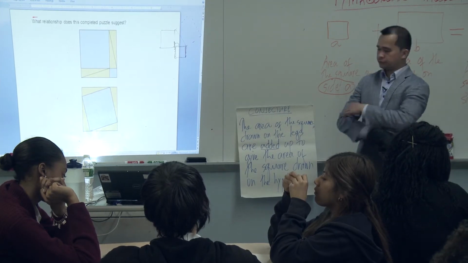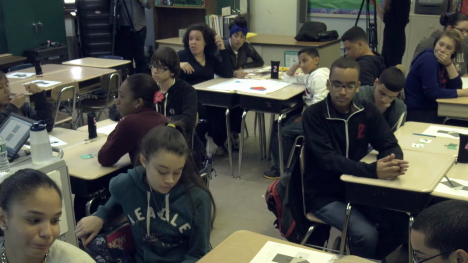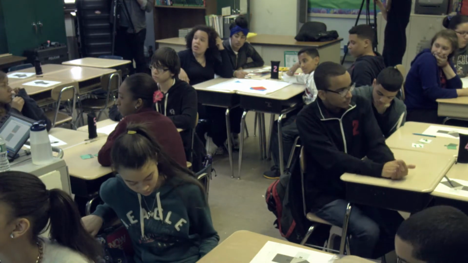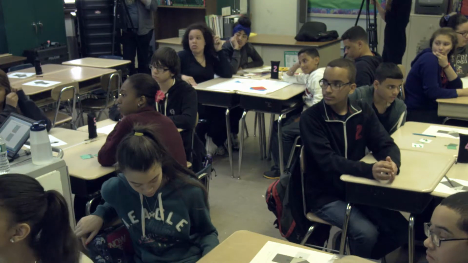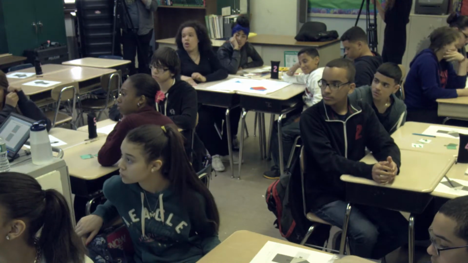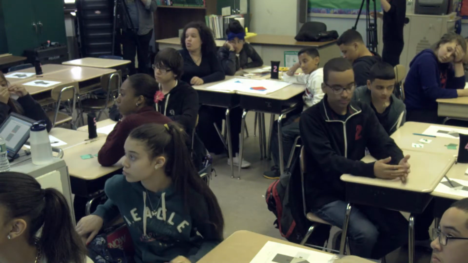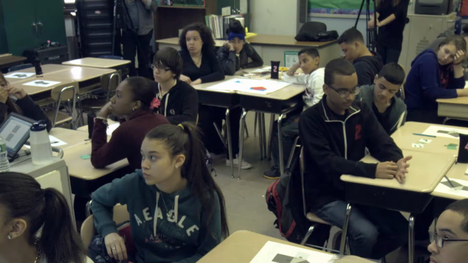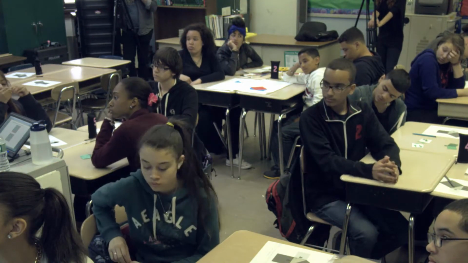Desiree? When the areas of the squares that are on the sides of the legs are added, they'll be equal to the square that's on the side of the hypotenuse. Okay, repeat it one more time, please. When the area of the square on the legs. So areas of the squares. You're talking about the 2 squares on the legs, right? On the 2 legs.